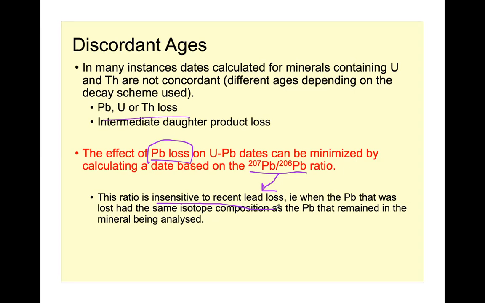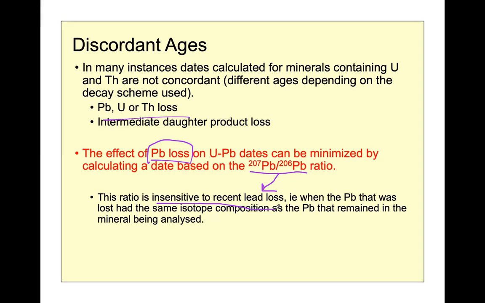So this thing you might not understand clearly, but for the time being, you just think that the 207/206 ratio is not affected much by the recent lead loss. Okay, if the metamorphism happened maybe 200 million years ago, then still you get the correct age, although the system may have suffered some lead loss in it.